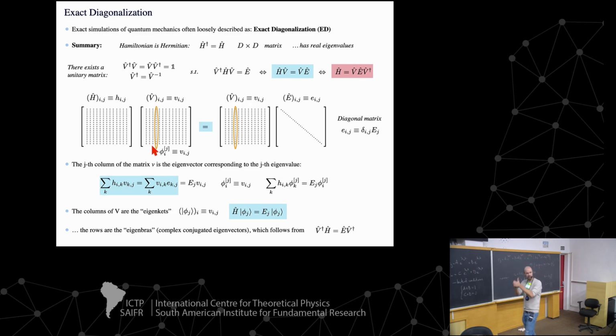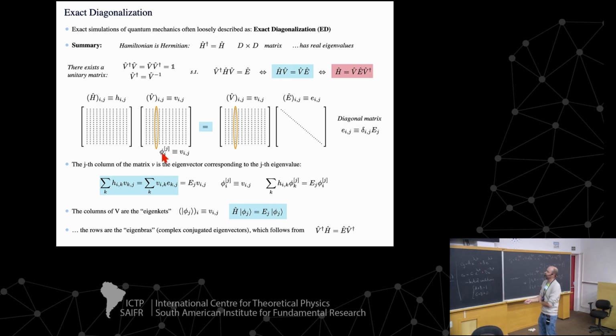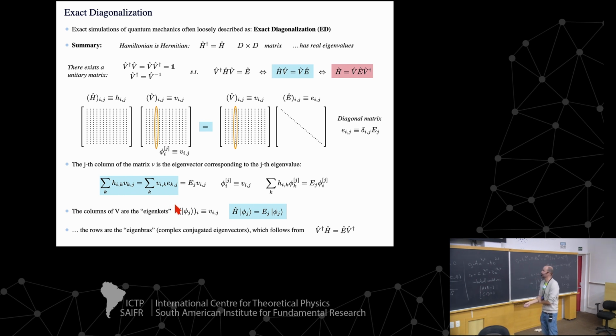So I take a column, the column number j. If I define this j column as, okay, this is a matrix, but I just define it as a vector where the index of the vector is given by i.